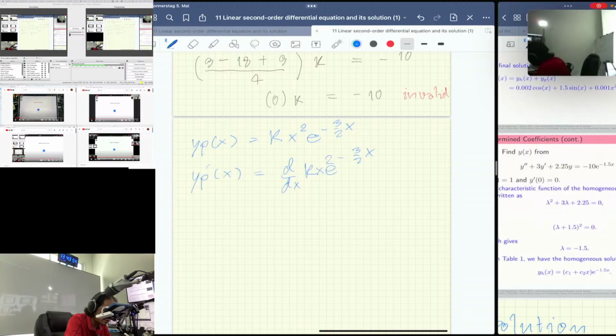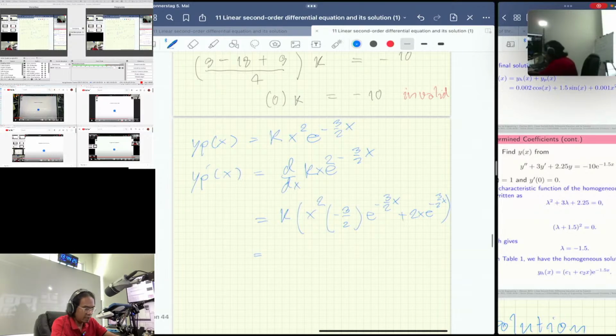You can see that it corresponds to k in x squared, and the result of this differentiation will be negative 3 by 2 exponential negative 3 by 2x, plus 2x exponential negative 3 by 2x.